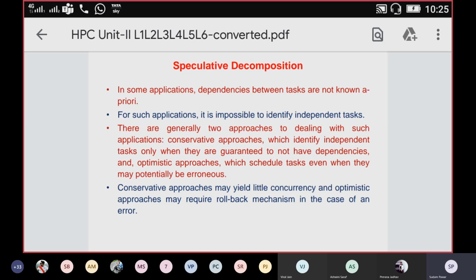The conservative approach guarantees that it is identifying independent tasks, whereas the optimistic approach schedules tasks even if they have errors. During computation, if it finds an error in any one task, there is a rollback mechanism available. So this is the working principle of speculative decomposition: the conservative approach and the optimistic approach.